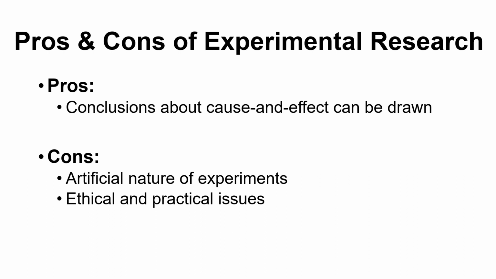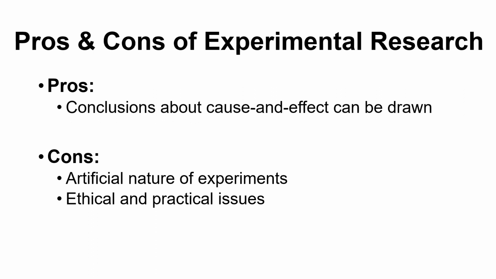I mentioned the one of sometimes you can't teach people multiple ways of doing something. That is a practical issue. An ethical issue would be something like we can't assign somebody to do something that would harm them. So you can't assign someone to be raised in a low socioeconomic status household or a high socioeconomic status household.